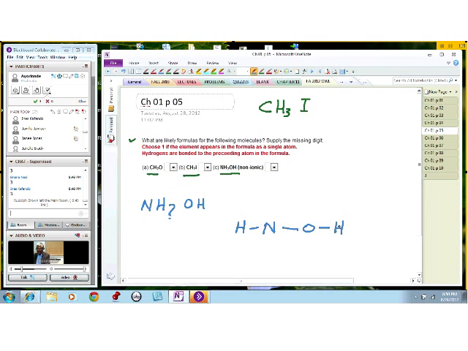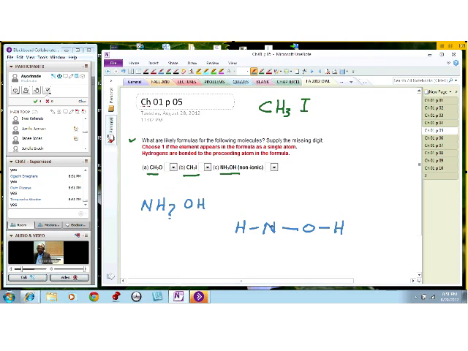Let me ask you this. What is the valence of oxygen? Is the valence satisfied here? Yes or no? Yes, so we don't need to do anything with oxygen with regard to valence. Of course, we know hydrogen has a valence of only 1, so we don't need to do anything. How about nitrogen?